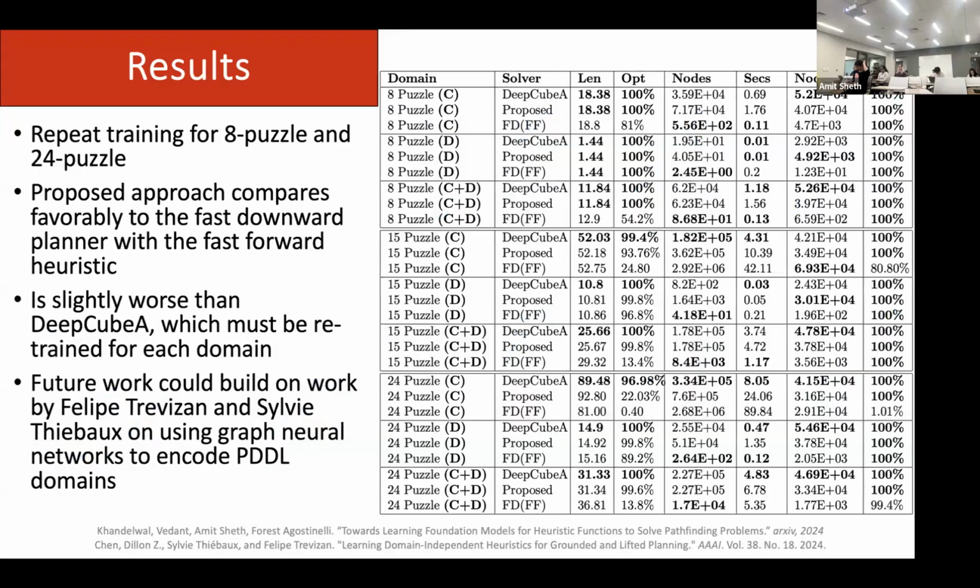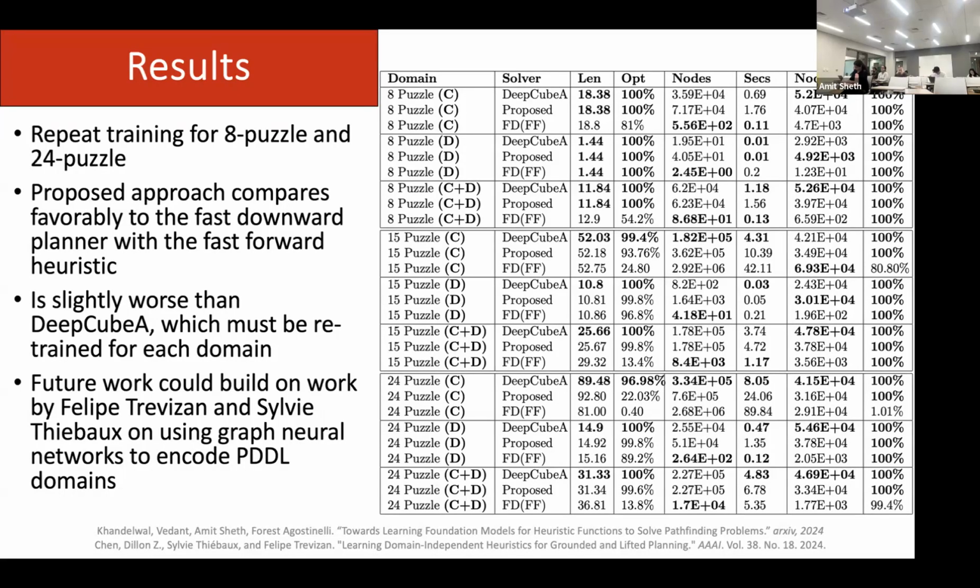This is interesting. But what we see in these charts is that we have DeepCube. This is the one that's trained for that specific domain. And then we have our method. And our method is more general than DeepCube. We only have to train it one time. But of course, because it's more general, it's going to be learning a more complex function than what DeepCube is learning. So it doesn't perform as well as DeepCube at solving.